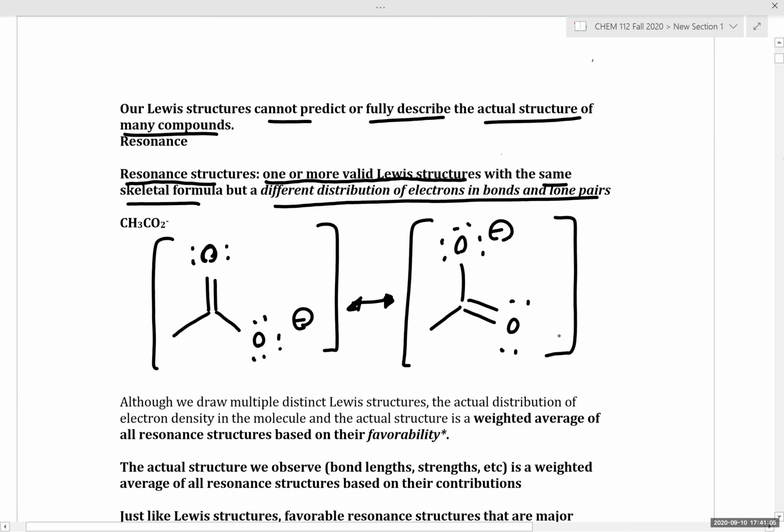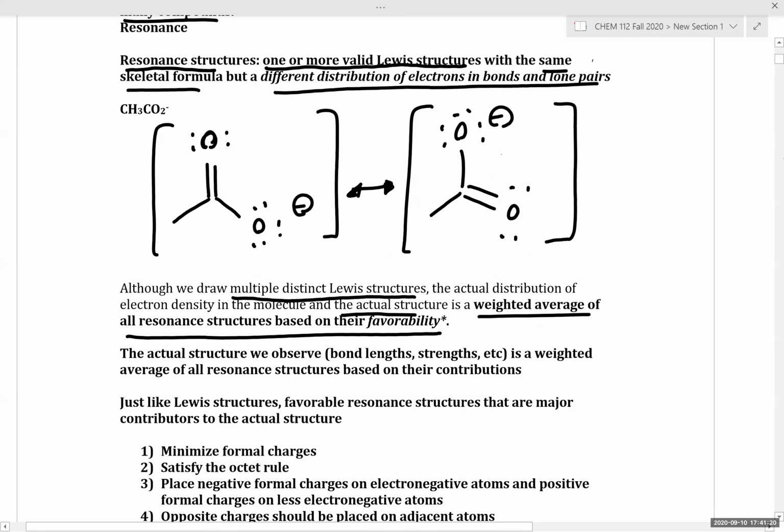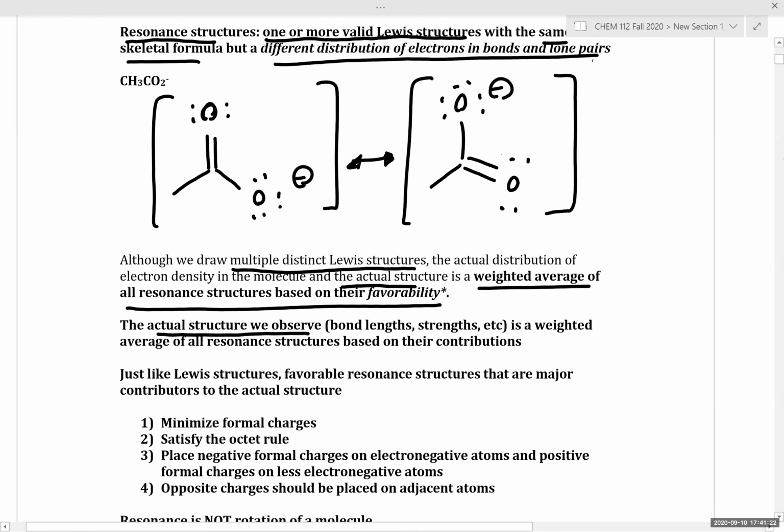So, although we're able to draw multiple distinct Lewis structures, the actual structure is a weighted average of all resonance structures based on their favorability. Further, the actual structure we observe in terms of bond lengths and strength is a weighted average of all resonance structures based on their contribution. So what we actually observe is not any one of these particular resonance structures, but a weighted average of all the resonance structures.